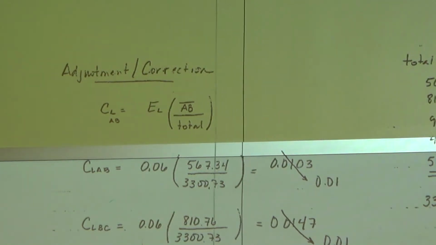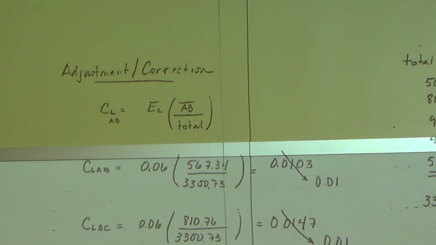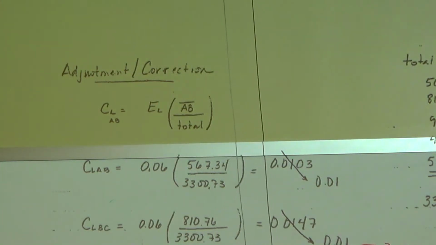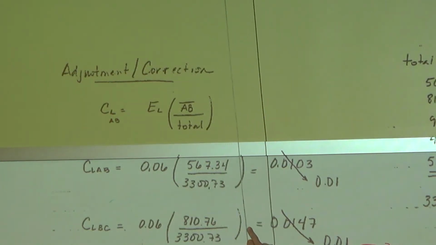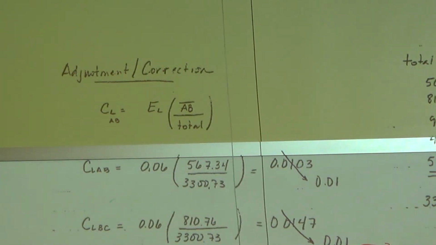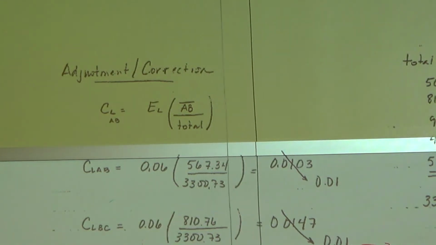So it would be the error in departure times the distance AB over the total distance. The distance of AB is 567.34, and I divided by the total distance, which is 3,300, and when you rounded it, you get a zero correction there.